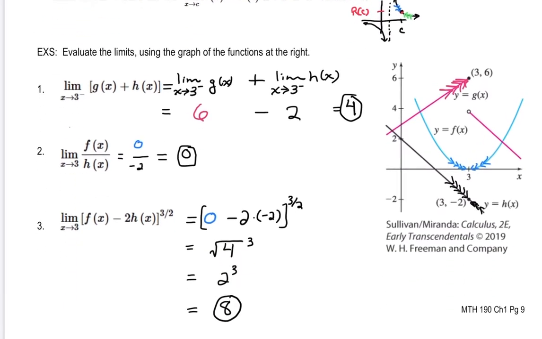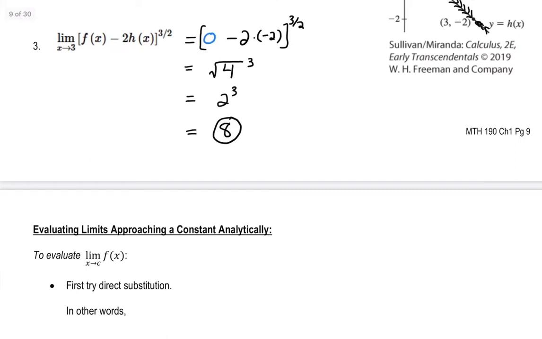So that's going to be our first instinct when we look at evaluating a limit. We're going to think to ourselves, well, can I just apply direct substitution? So the first thing we're going to do is try just that. So we're going to try our direct substitution.